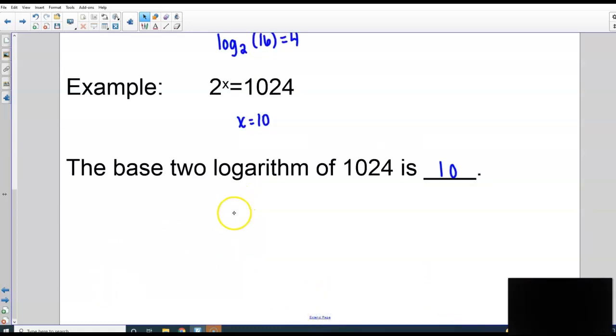So that would be written like this. Log base 2 of 1024 equals 10. So a logarithm is what power do I need to raise this to get this number? That's what you're thinking of here.